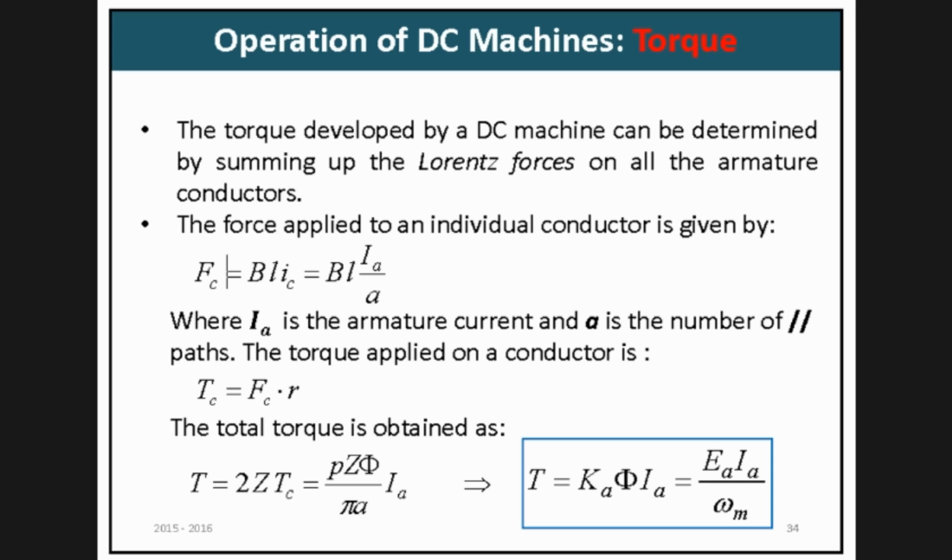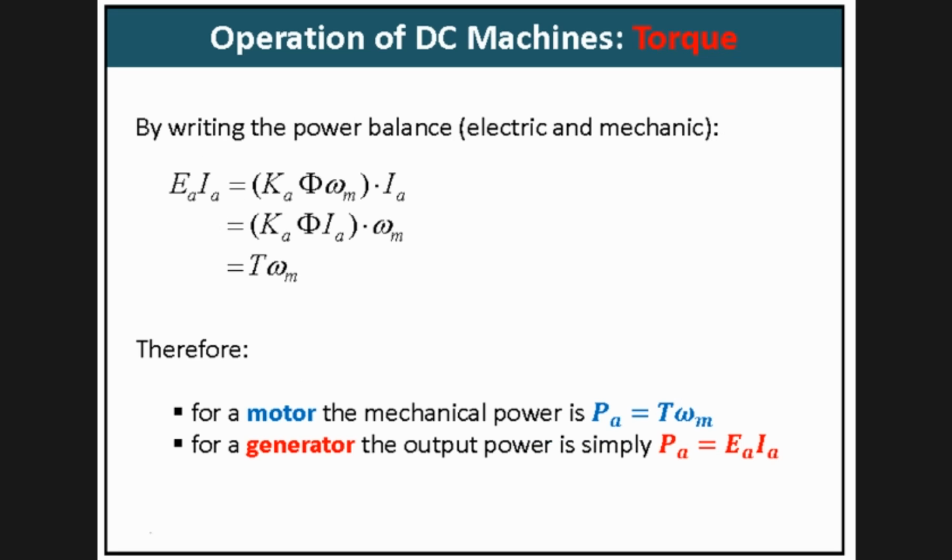That is, if you go back to the Ea equation, it is P Z phi over phi A into omega m. Therefore, we can write this part as Ea over omega m. So we get torque equals Ea Ia over omega m. So this equation you have to remember. Now if you write the balance equation, Ea Ia will be equal to Ka phi omega m into Ia.